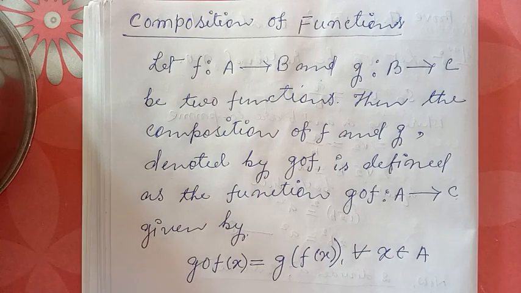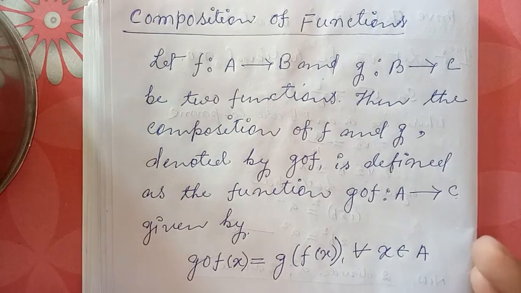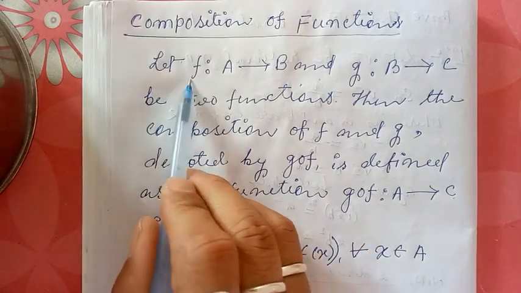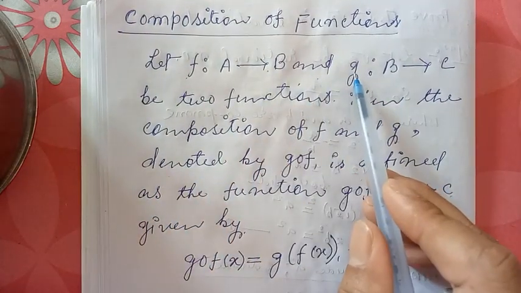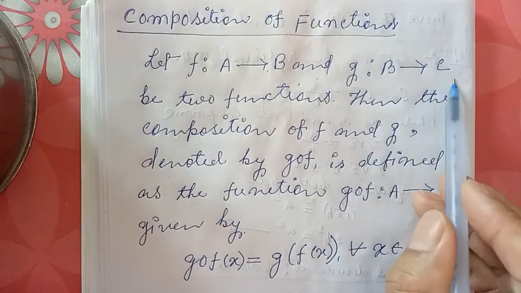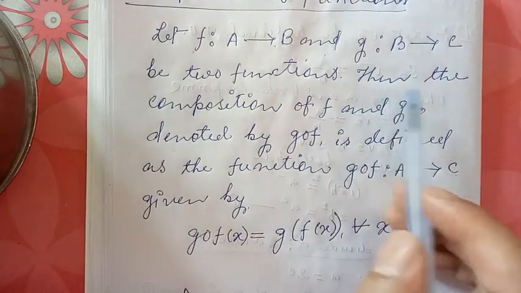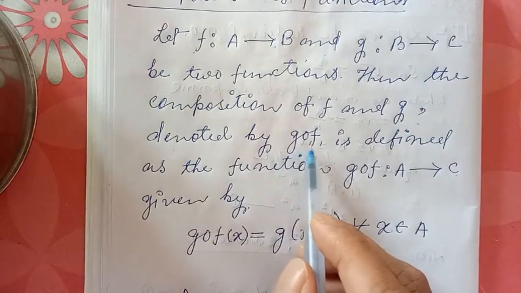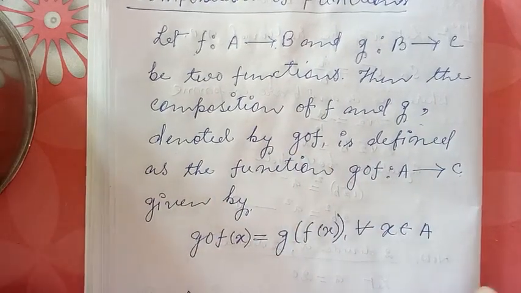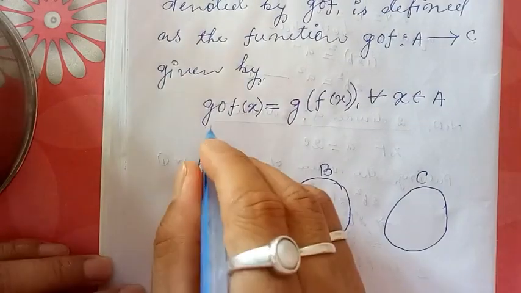So again, come to the definition. You see the definition once again. A function f from A to B and another function g from B to C. Then the composition of f and g is denoted by g o f and is defined like this. Mathematically we write it like this.